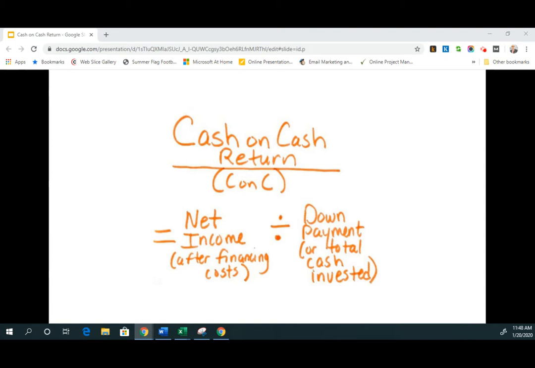Now, this return is provided as a percentage. So right here, you can see a little formula. And the key thing is, it's not the purchase price that you're concerned about. Rather, it's what you put down, what you put on the table to make the deal happen. The actual money that you put up.